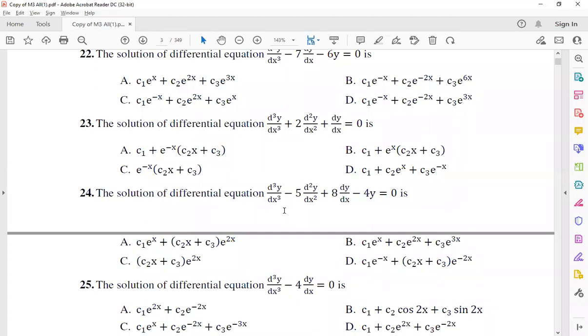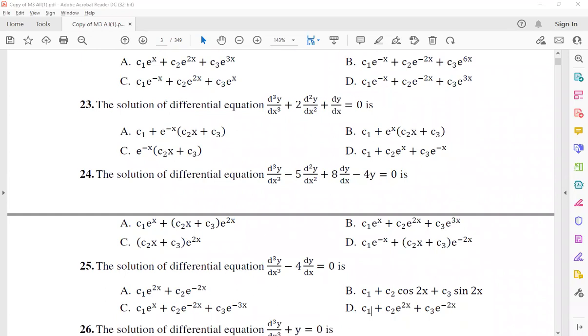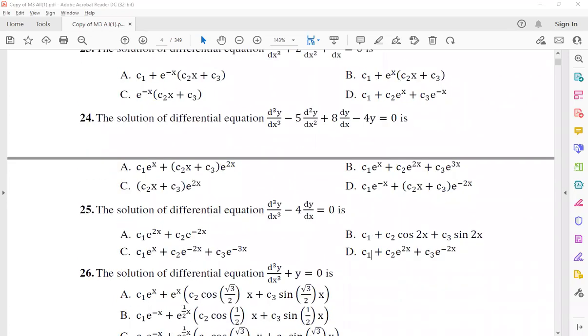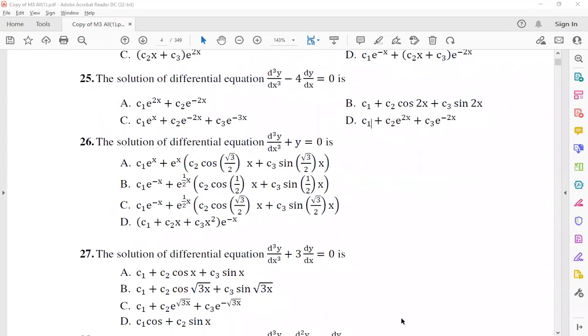Correct. All are real. All are different. So which answer is correct? D is correct. C1 e raised to 0x plus C2 e raised to 2x plus C3 e raised to -2x. Correct answer is D. Next, 26.